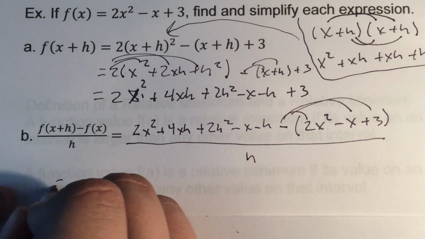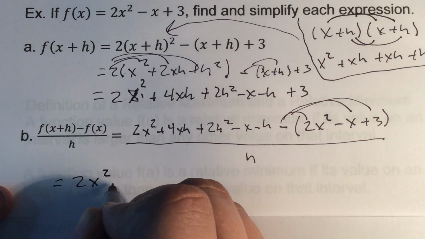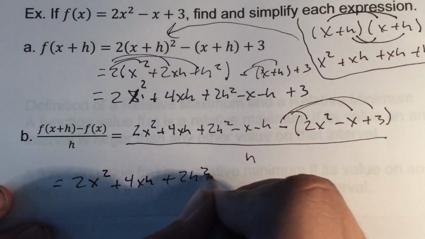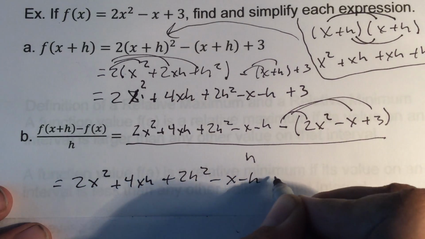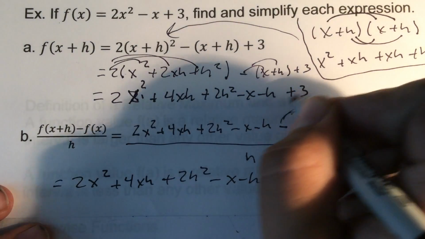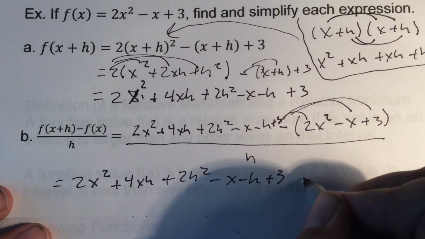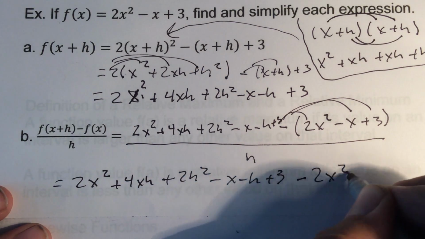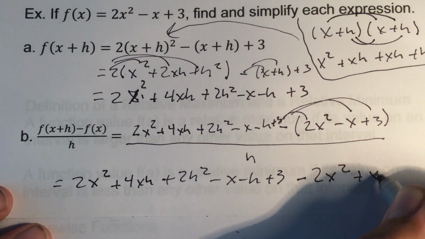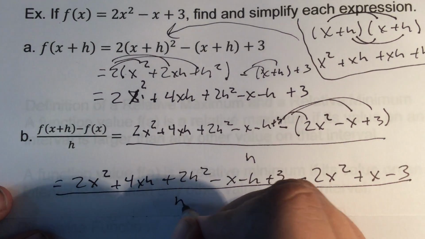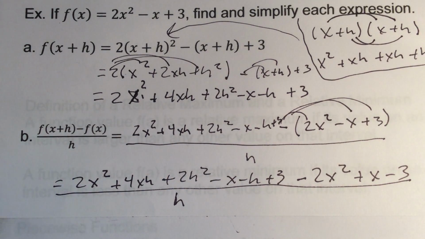So we're going to end up having 2x squared plus 4xh plus 2h squared minus x minus h. Oh, and we forgot the plus 3 in here. Plus 3, minus 2x squared, minus and minus would be a plus x, and then a minus 3, all over h.